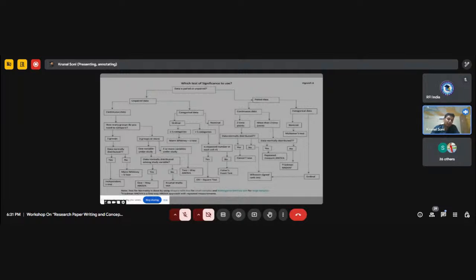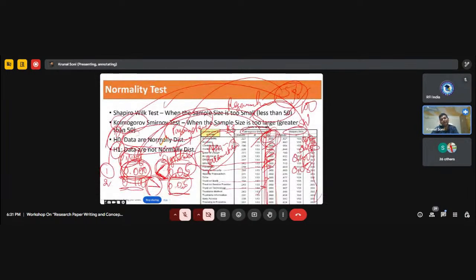So let's say I'm asking these particular questions with gender, so gender has two aspects, male and female. So how many groups are there? Two? Yes or no? Yes, sir. So there are two groups. Then the second thing you have to do is normality checking. You must check the normality.